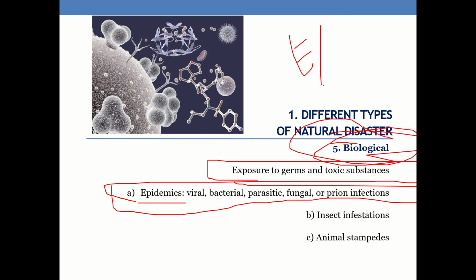I don't think anybody, not a single person is left. Everybody is affected somehow or the other. For some it may be a small disturbance. For some it is a catastrophic situation. Okay, both personally and also collectively. And this is the fifth type of natural disaster, which is biological disaster.